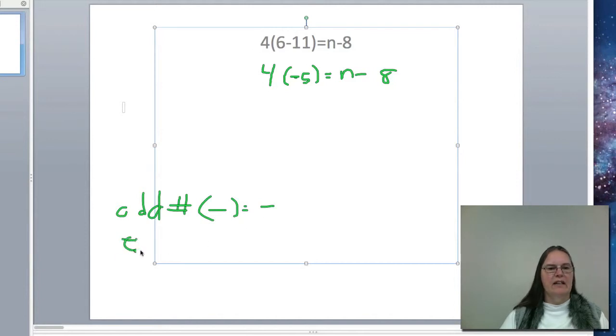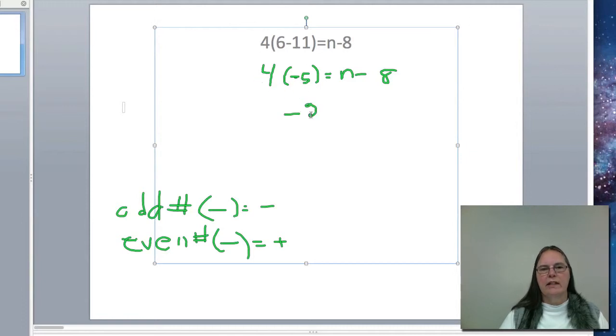An even number of the same symbol, the opposite symbol, will always give me a positive, and it's a relationship thing. So the opposite times a positive is an opposite, and 5 times 4 is 20. Equals n minus 8.